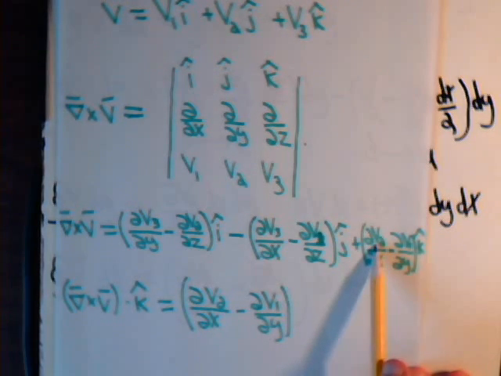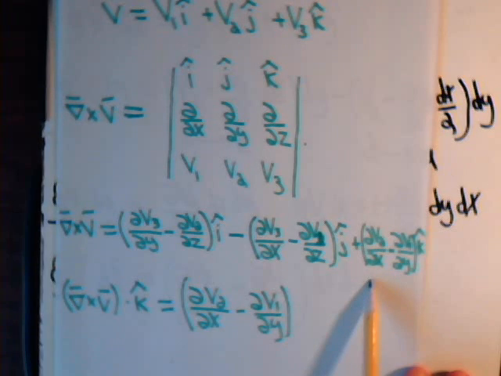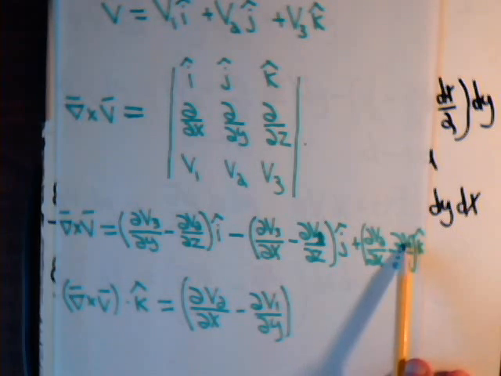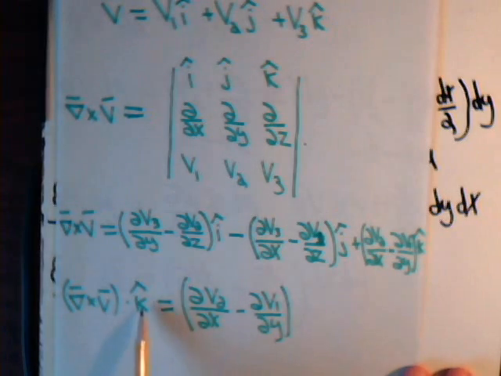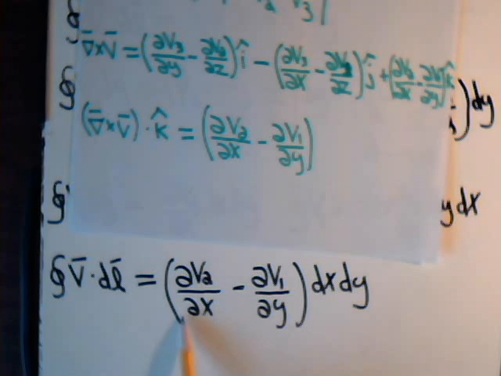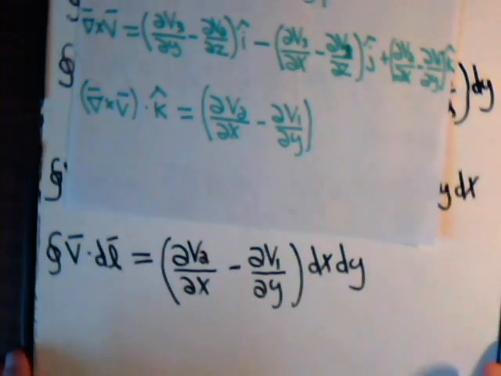It's the partial of v2 with respect to x minus the partial of v1 with respect to y. So if we take the dot product of the curl with k, it gives us the partial of v2 with respect to x minus the partial of v1 with respect to y. And that is what this is. So we can say this.